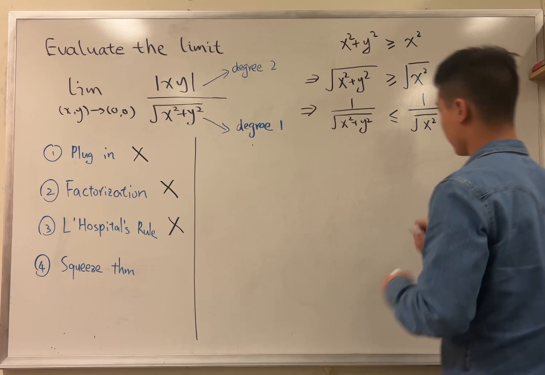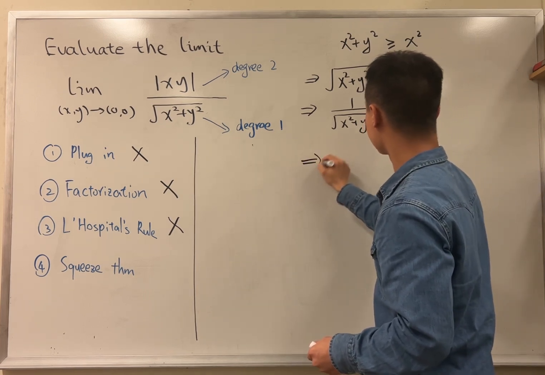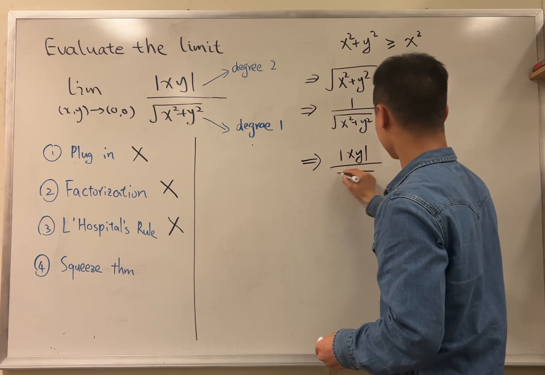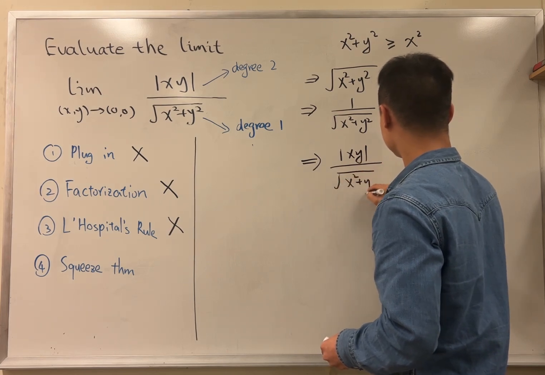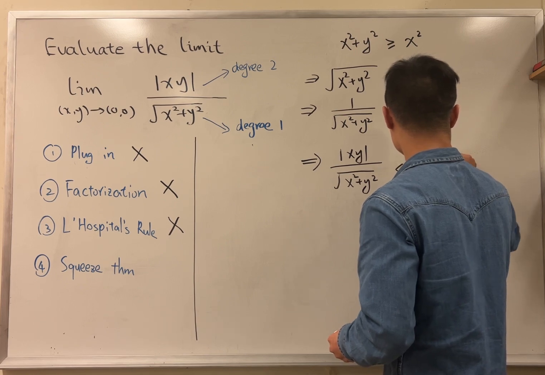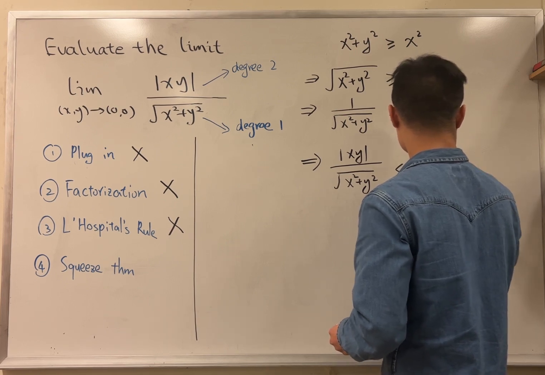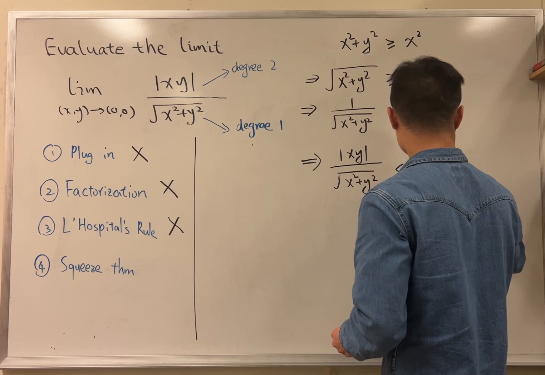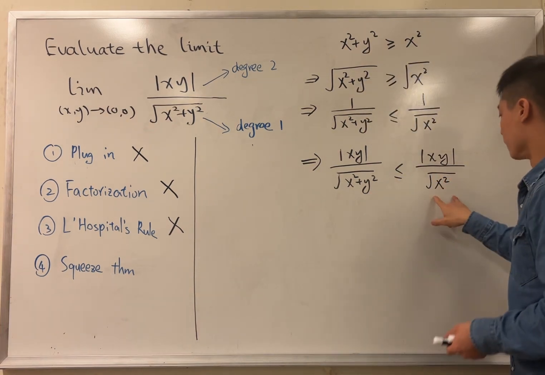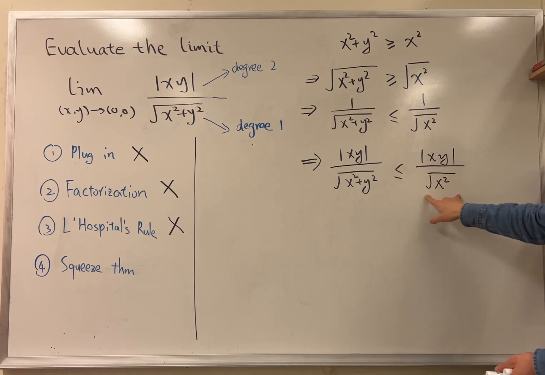We're gonna multiply both sides by absolute value of x, y. Okay, so that leaves us with this. So one of the good things here is that we can simplify the right hand side, because that is essentially absolute value of x.